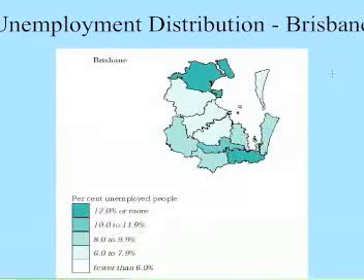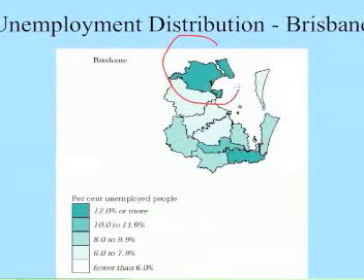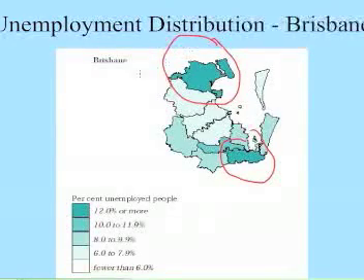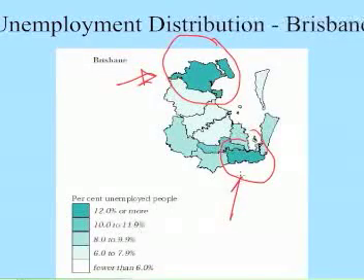Moving on further to unemployment, we compared those capital cities, but in fact there are certain regions within capital cities. Now, this is obviously Brisbane, but you can see here we've got the Caboolture region up here, and we've got the Logan region down here where we've got high unemployment rates.